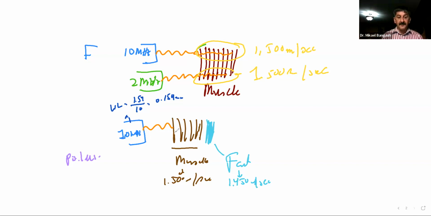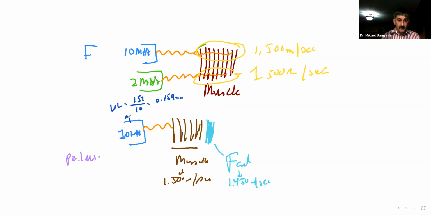because the speed of sound is going to be determined by the medium. So whether you have a 10 megahertz transducer, a 7.5 megahertz transducer, a 5 megahertz transducer, or a 2 megahertz transducer, when that sound, or whatever frequency, travels through a specific medium, the speeds are going to be the same.